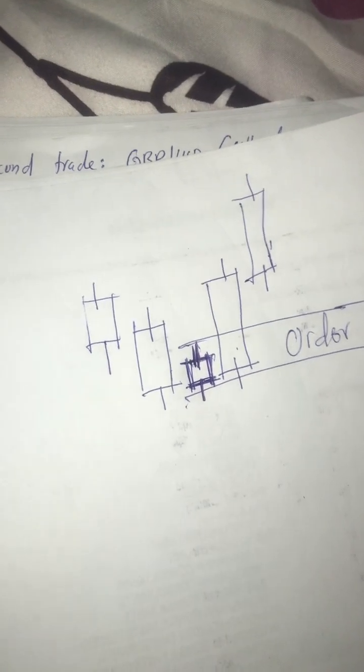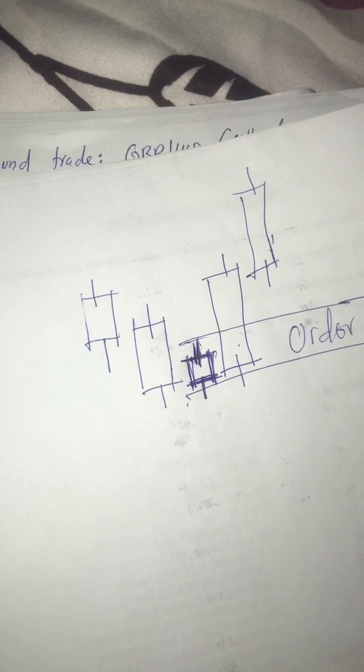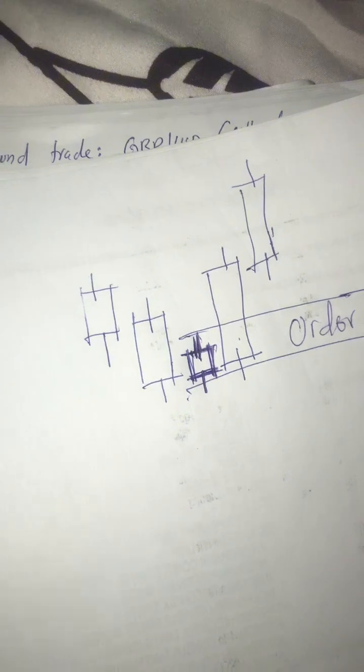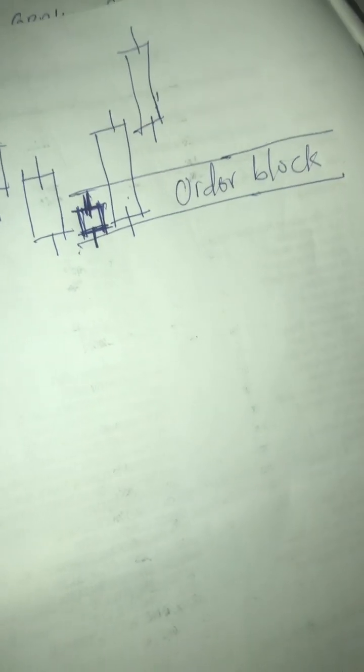Number one, find a drastic and sharp price. What is a drastic and sharp price? If you could remember, in our previous class, day 6, I told you that we have balance and imbalance. Balance is what? Consolidation. Market consolidation is what we call balance. Drastic and sharp price is imbalance.